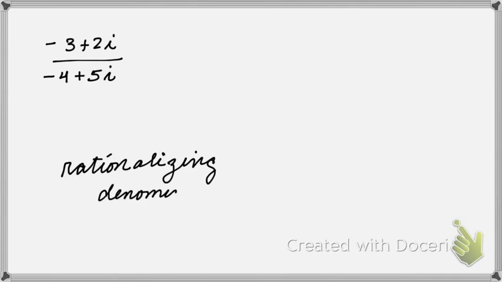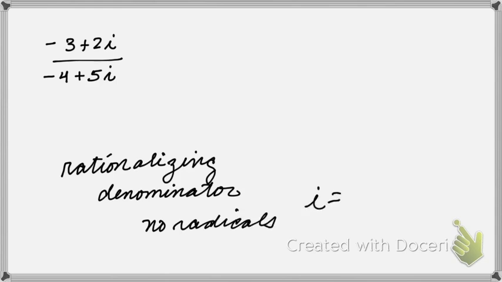And that is, we don't want to leave a fraction with a radical in the denominator. No radicals. Well, I mean, considering where i comes from, it's not a radical, but it comes from a radical, right? So we're going to treat it in the same way. We do not want to have any imaginary numbers in the denominator the same way that we do not want to have any radicals in the denominator.